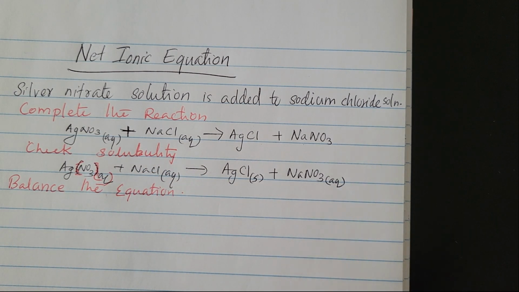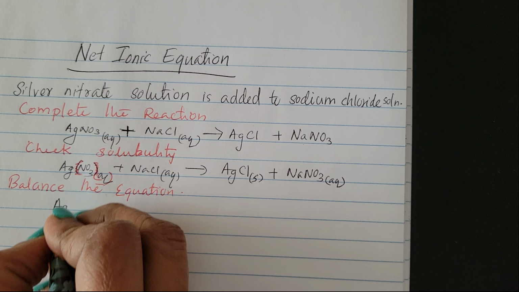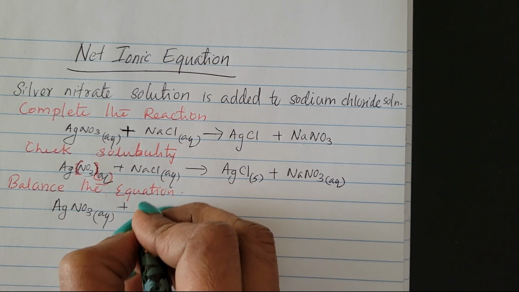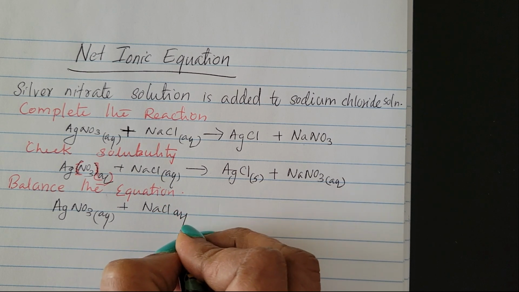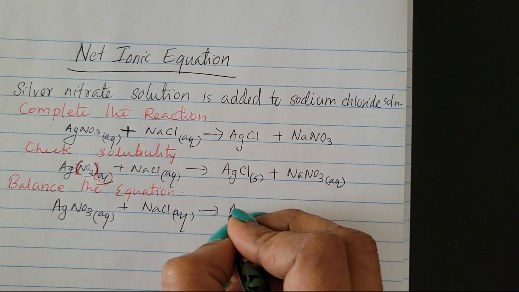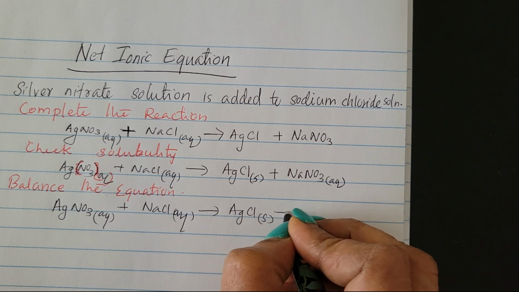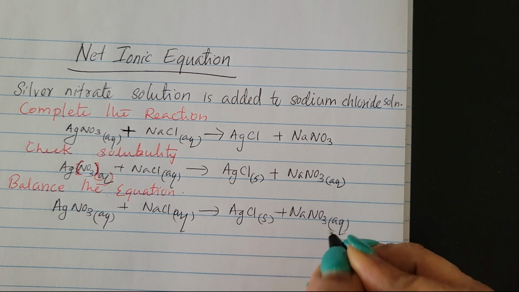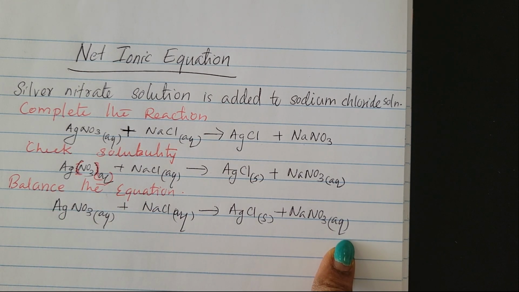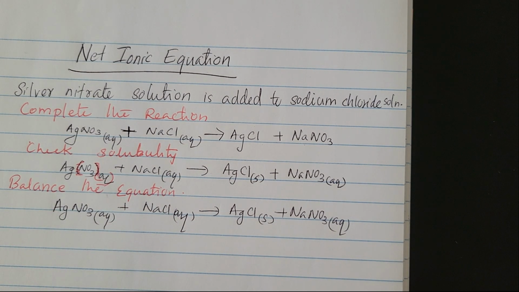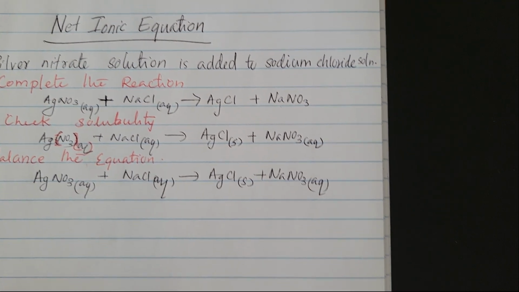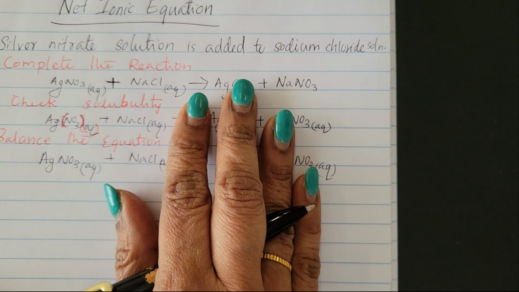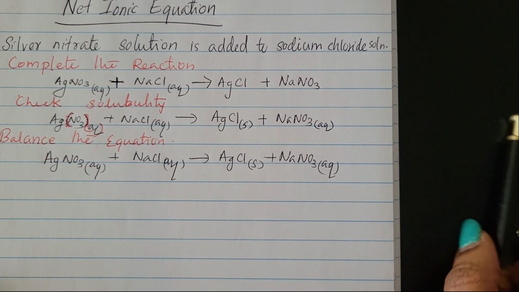So it's already balanced: AgNO3 aq plus NaCl aq gives AgCl solid plus NaNO3 aq. At this step we are balancing. Since this equation is already balanced, we don't need to make any changes. Good? We learned up to this point. Okay, next one.